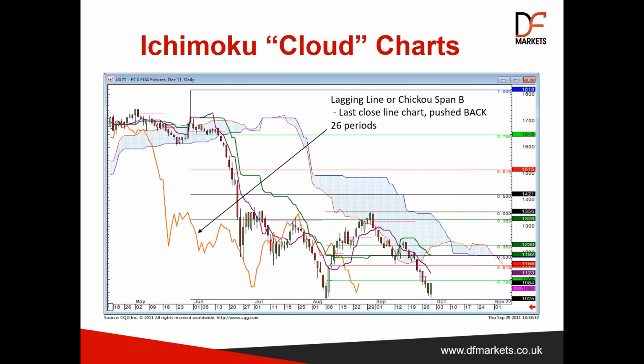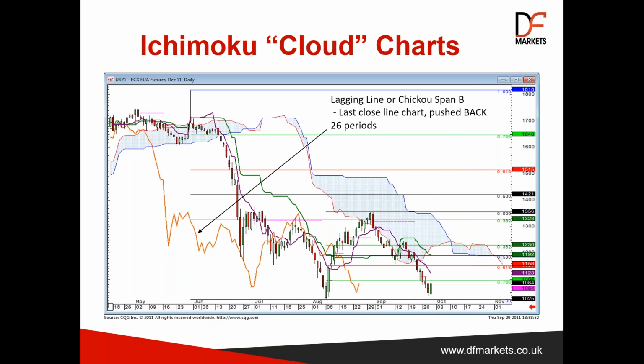Right, so where were we? We've got the lagging line, which is the orange line on our chart, and that is the last close pushed back 26 periods. And what the lagging line does for you is to provide that very last bit of confirmation of any trend that may be changing.